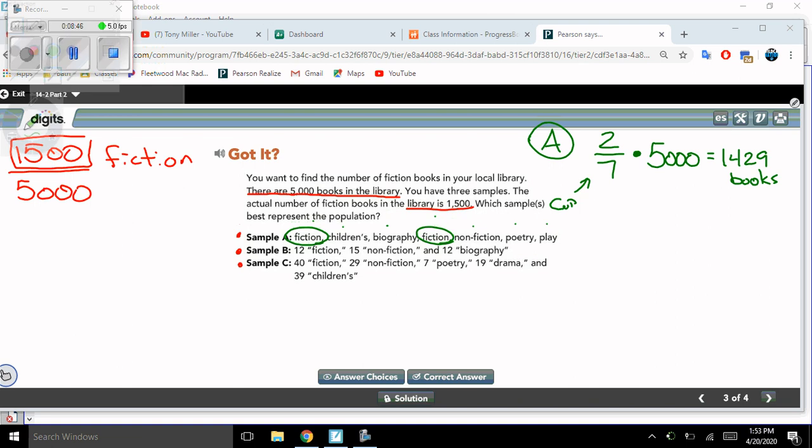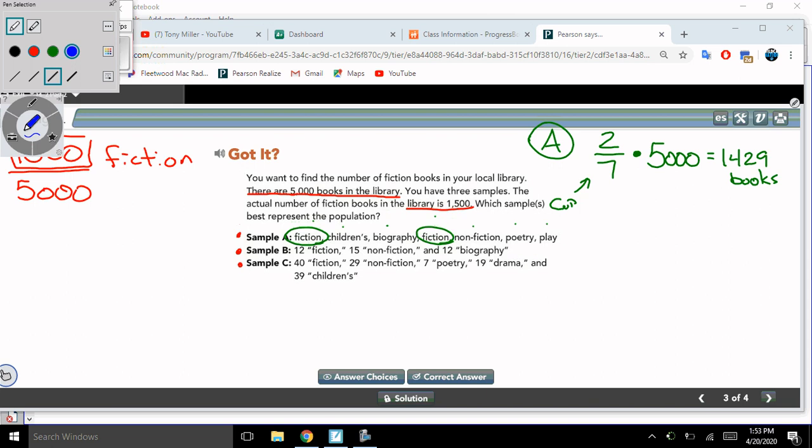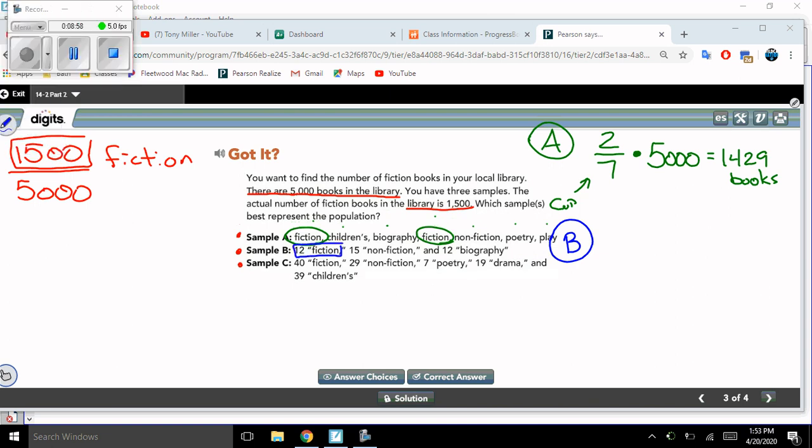Let's switch over to blue. Sample B is going to be my blue. The COP here is going to be what? 12 out of my total. So it looks like I've got 12 and 15 is 27, 27 and 12 is 39. So 12 over 39 is going to be my COP.